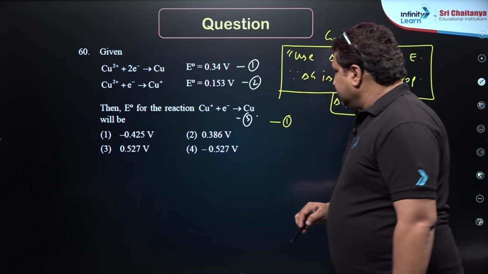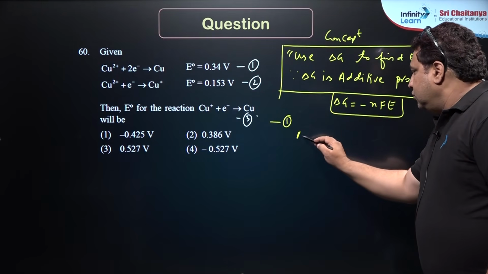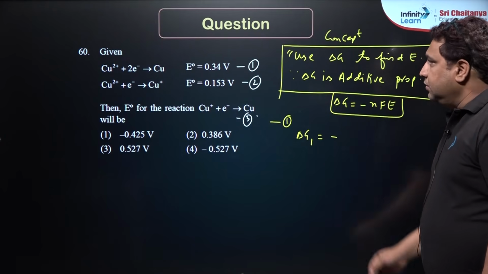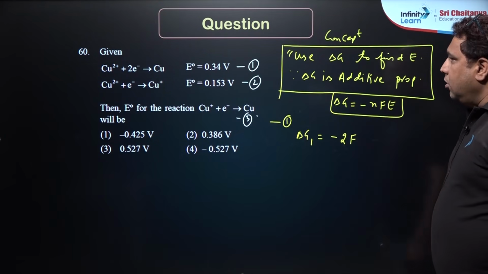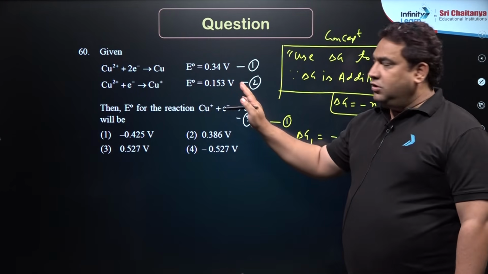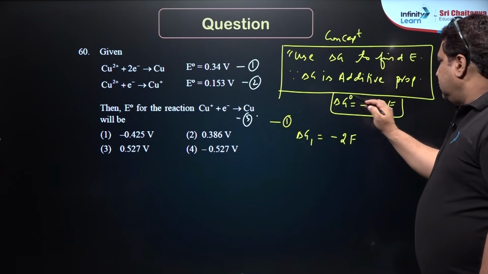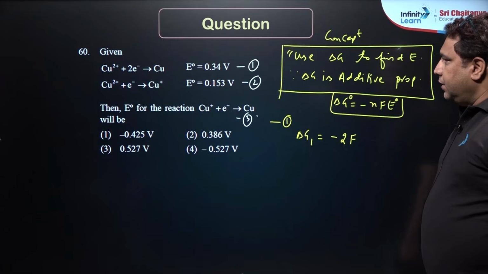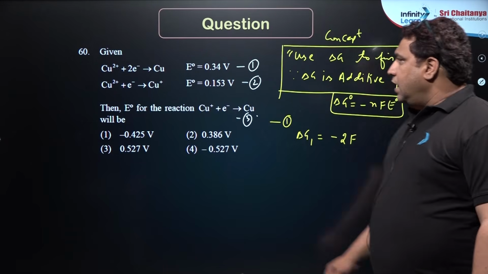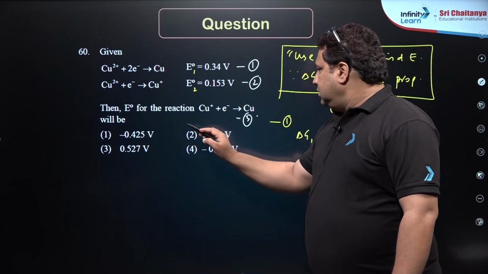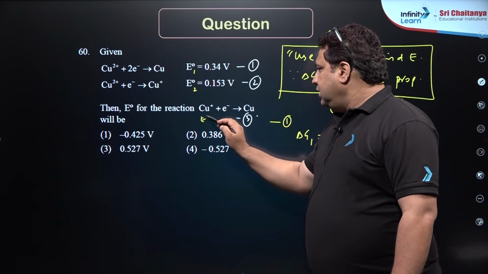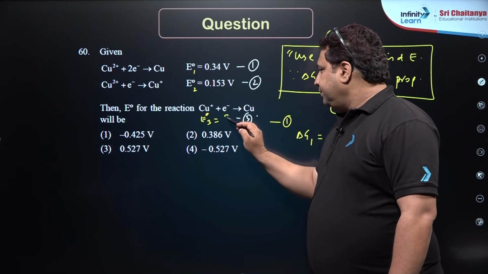In equation 1, delta G1 is equal to minus, how many electrons are involved there? 2, F, and E naught is given. So this is G naught, this is E naught. I will label this as E1, E2, and for this I label it as E naught 3.